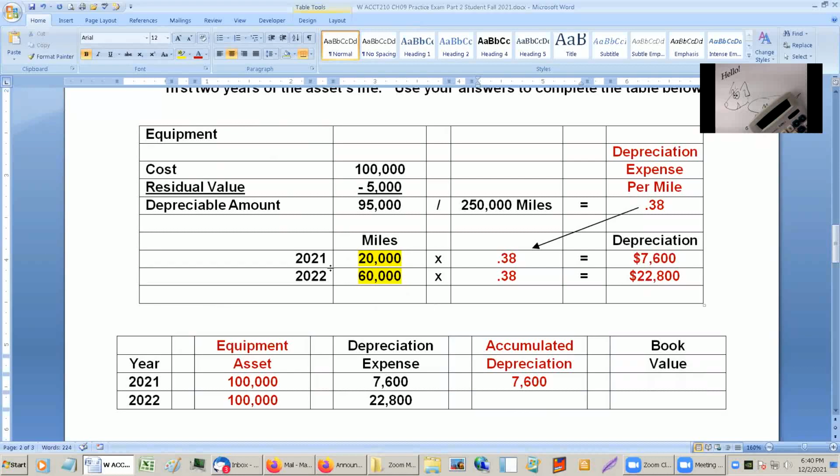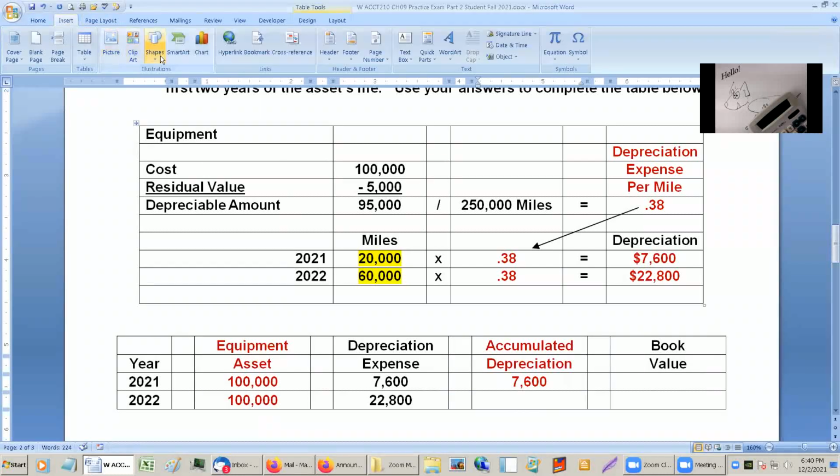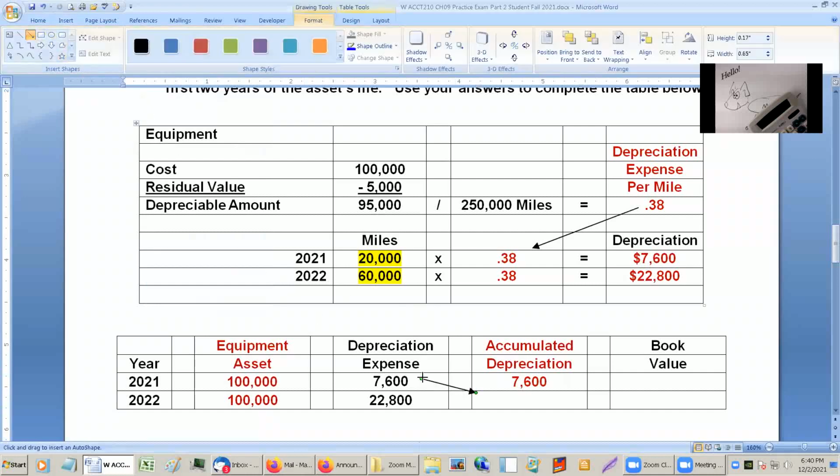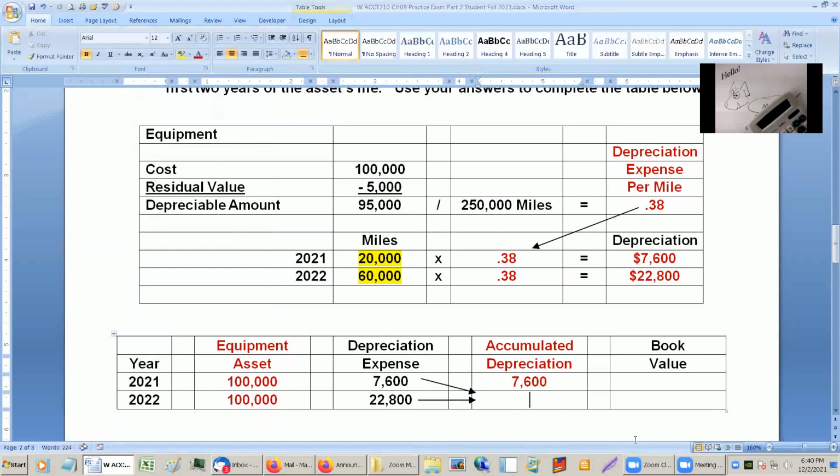The next year it would be something else. Let's see here. Add those two together. $30,400. Yeah.